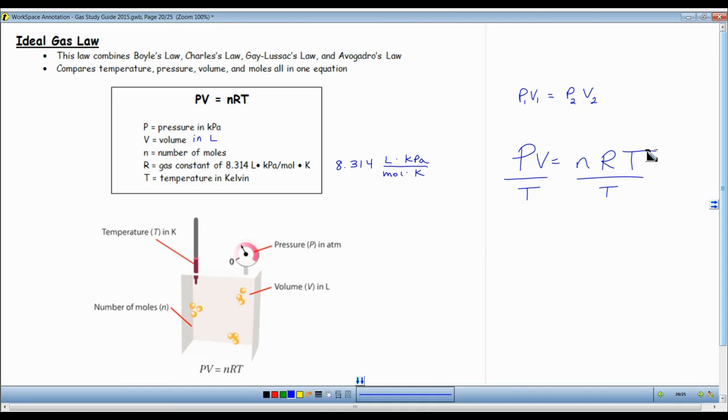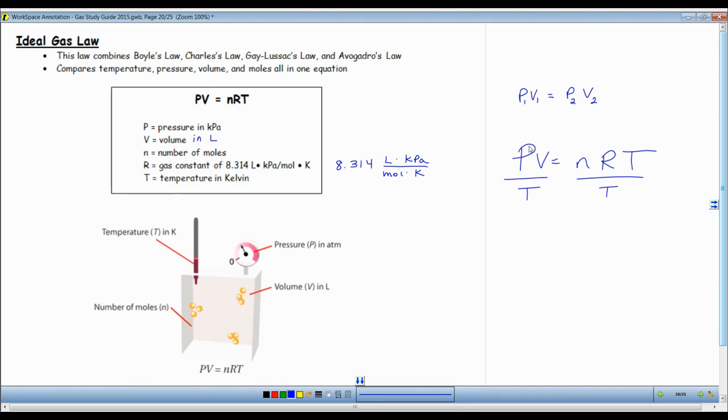That would be constant if I finished my algebra. So I'd have to have constant moles and constant volume. Or hiding in here, V1 over T1, volume over temperature, Charles' law. But then I'd have to move my pressure if I finished my algebra. And so I'd have pressure and number of moles on the constant side.